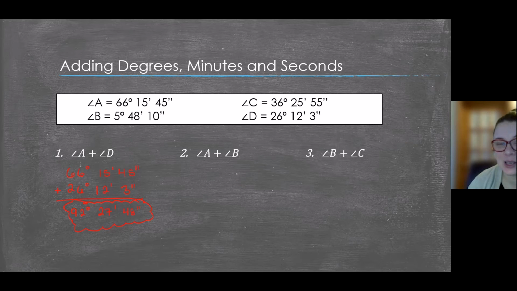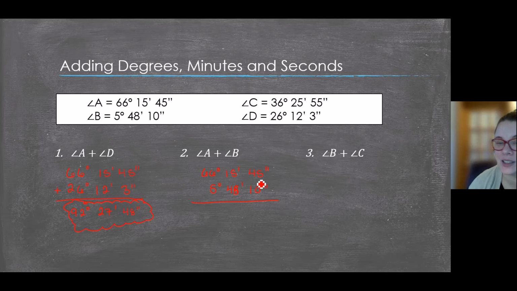Where we run into a little bit of complexity is when the numbers get larger. What happens when we have larger numbers than 60 here? So we're going to do another one. We're going to add A and B this time. So we have 66 degrees, 45 minutes, and 15 seconds. And to that we add 5 degrees, 48 minutes and 10 seconds. Oops, this should be 48. Line that up a little better.